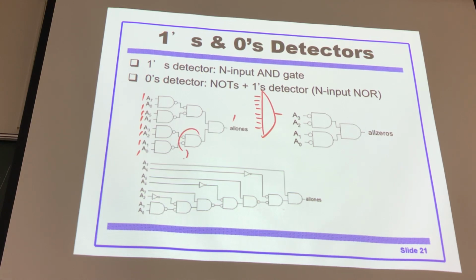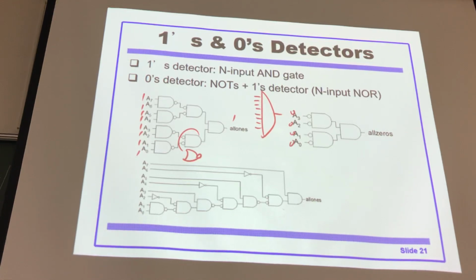This is actually a NOR gate, like De Morgan's law, right? For the Boolean equation. But NOR gate again, NAND gate is faster than OR gate. And finally, you need 1 AND gate in the end, then 1 detector. And then 0 detector: if every bit is 0, you get 1.